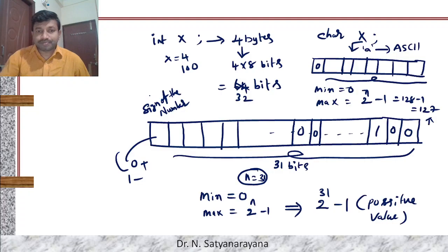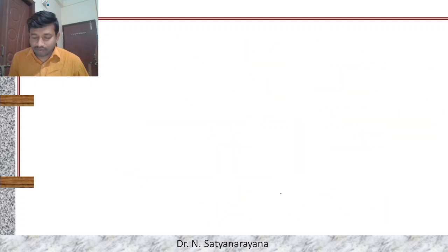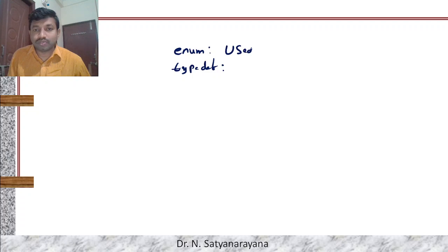Fine. So what is left over is, I think we have two more data types to discuss. One is enum and the other one is typedef. So we will write programs on this enum and typedef as and when they come into the picture. Prior to that, let me introduce. Enum is a data type which is used to assign names to numbers.